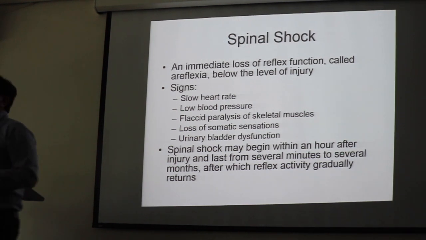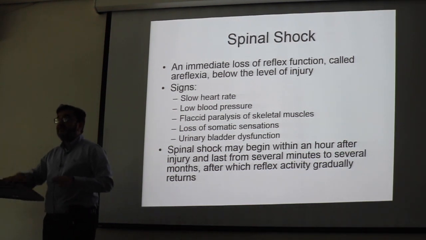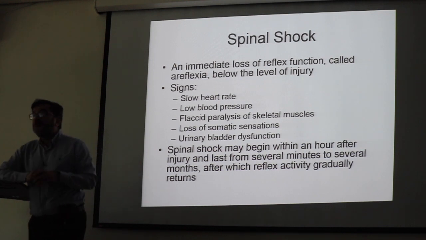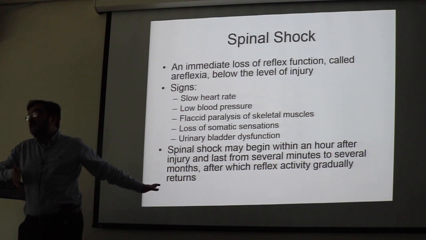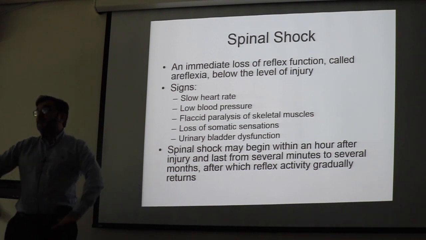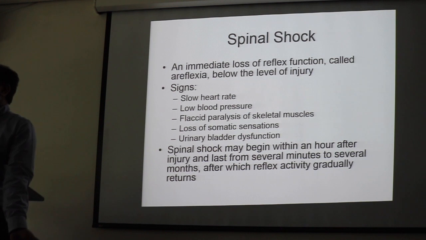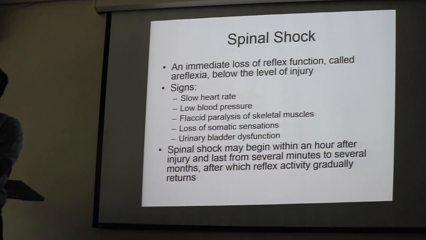Coma is a state of unconsciousness, and that is assessed through the Glasgow Coma Scale, through which we identify the level of consciousness. Here, the patient might be conscious, but his lower part of the body is flaccidly paralyzed because it is in spinal shock.